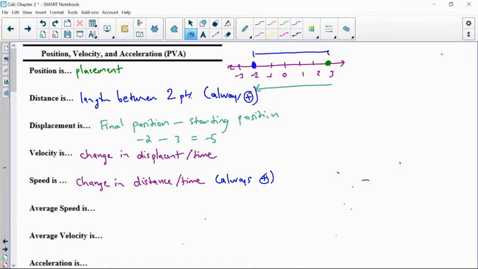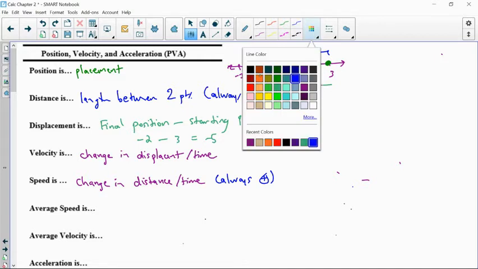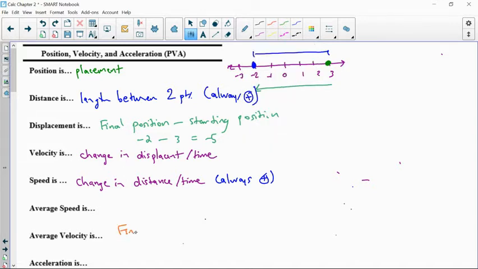Okay. Now, average speed versus average velocity, and I'll do the average velocity first. So average velocity could be final position minus starting position divided by elapsed time, total time.